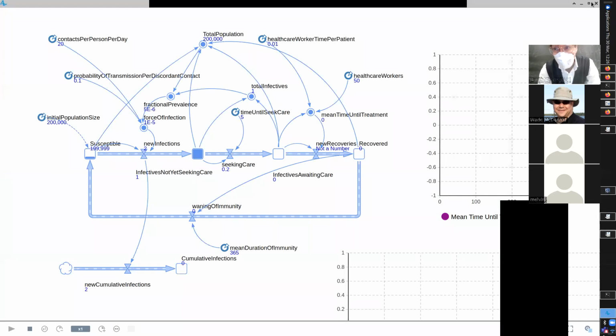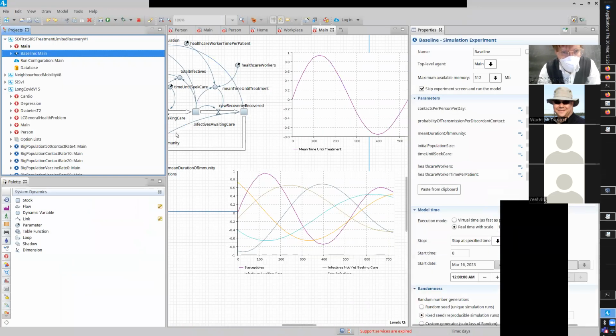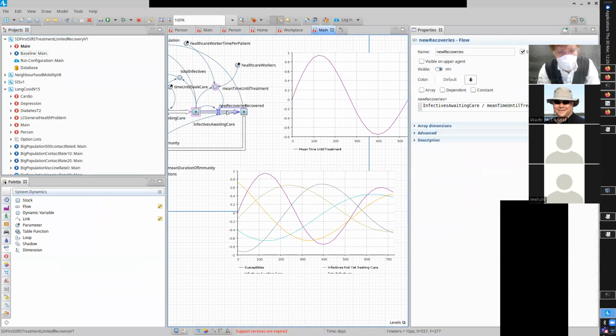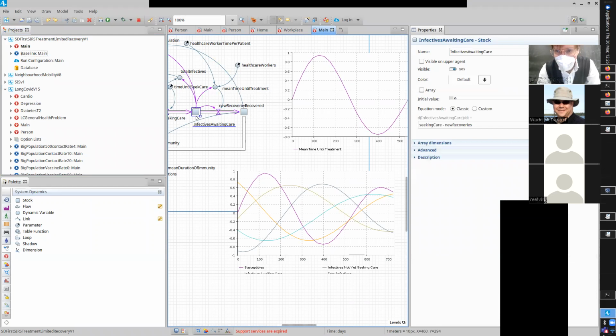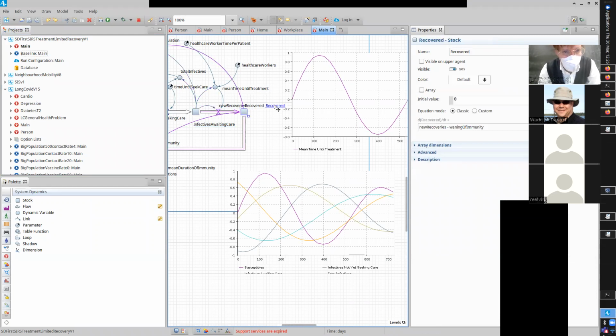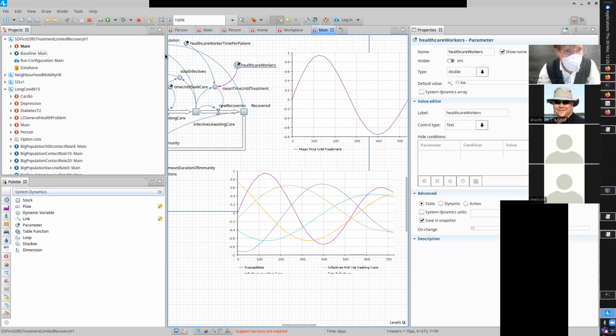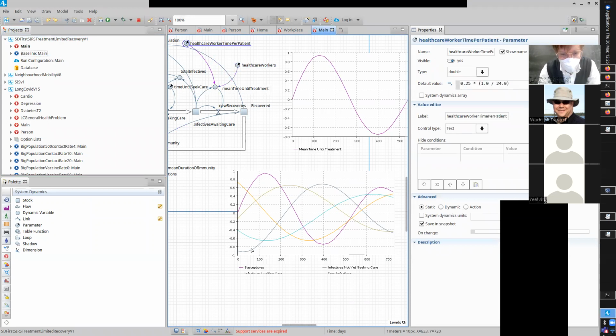Oh, okay. So wait, we have a problem here. It says not a number, new recoveries. What's new recoveries? It says that's not a number. Okay, so let's go see what's going on. Do we have an initial value here? Yes, the initial value of that is 0. Okay, great. So we're going to try to figure out why it is getting not a number values.